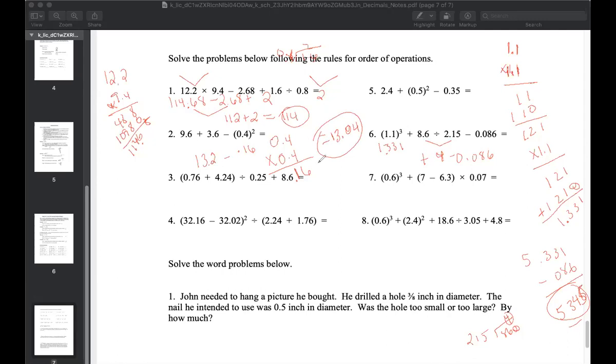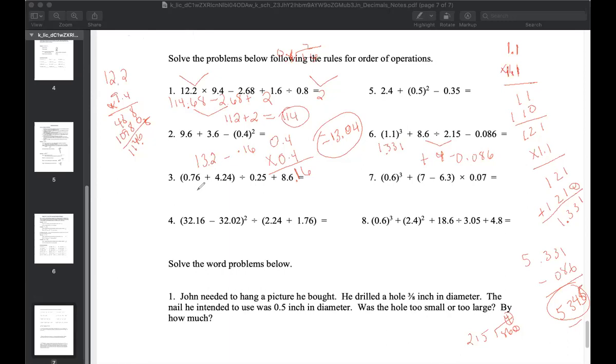Okay, LaDeja. So I did the inside of the parentheses and I got 5.00, so 5. And then I divided that by 0.25, but I had to move the decimal point. So to make it 25, I had to make that 5 into 500. And I got 20. And 20 plus 8.6 is 28.6.